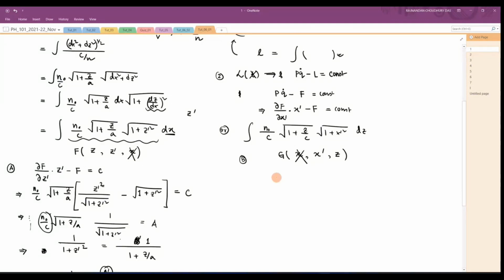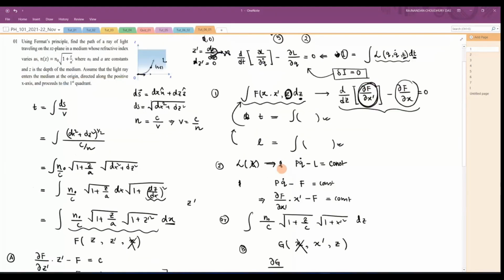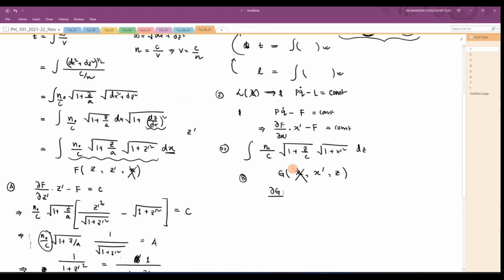So when you solve the Euler-Lagrange equation, you write that step also. Don't miss that step. So let me write d by dz, because in place of t we have z, of dg by dx prime minus dg by dx will become 0. Now you know that your g is not having any x dependency directly, so this part will become 0.